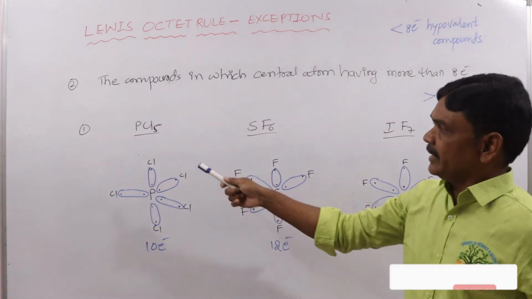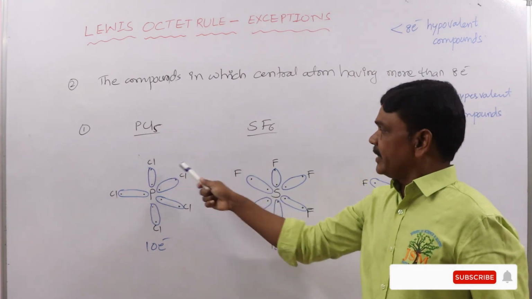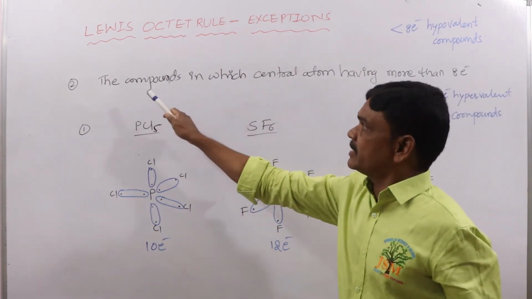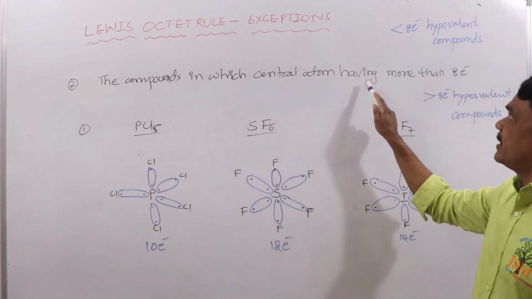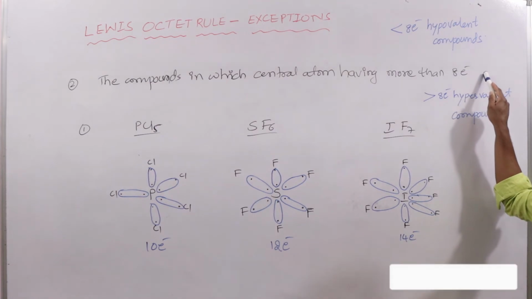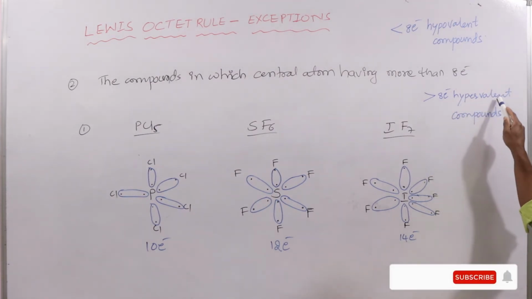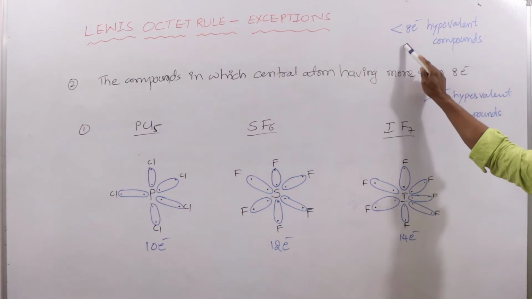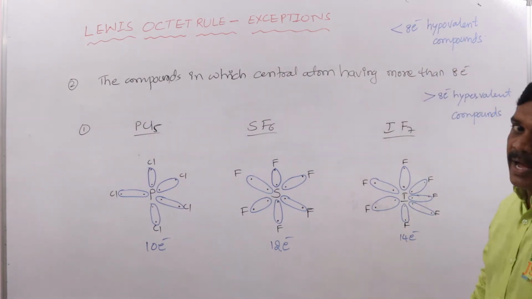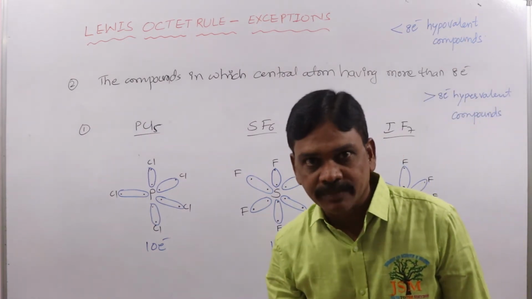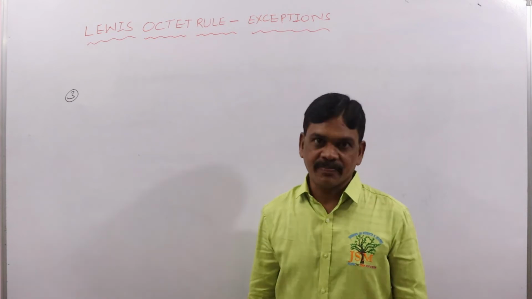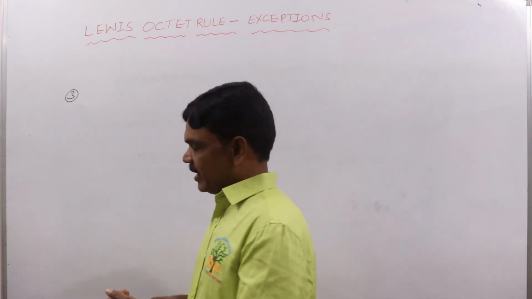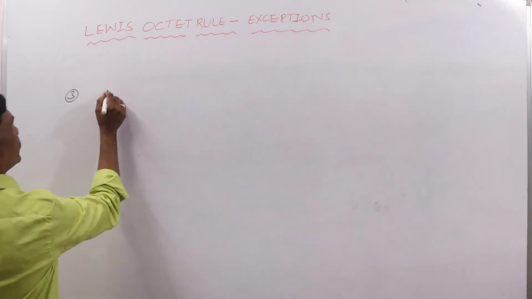So now these are the second exceptions, the compounds in which the central atom has more than 8 electrons. If it is more than 8 electrons, these are known as hypervalent compounds. If it is less than 8 electrons, it is known as hypovalent compounds. So the next exception is odd electron species or odd electron molecules.